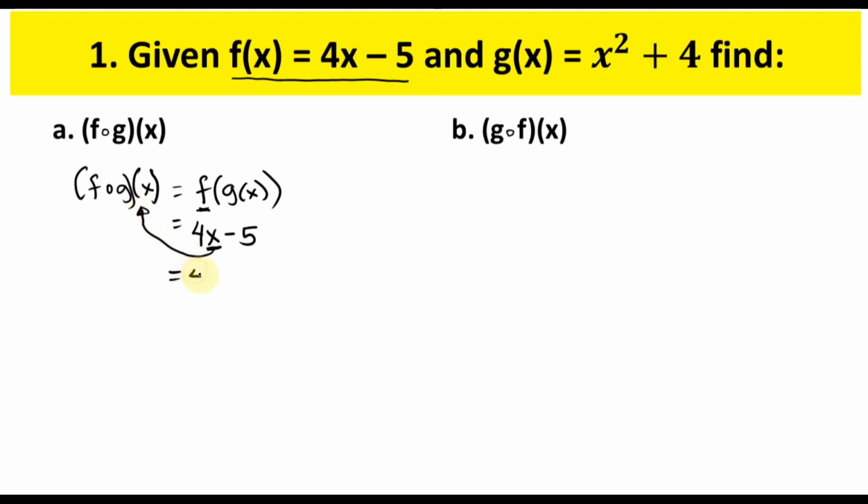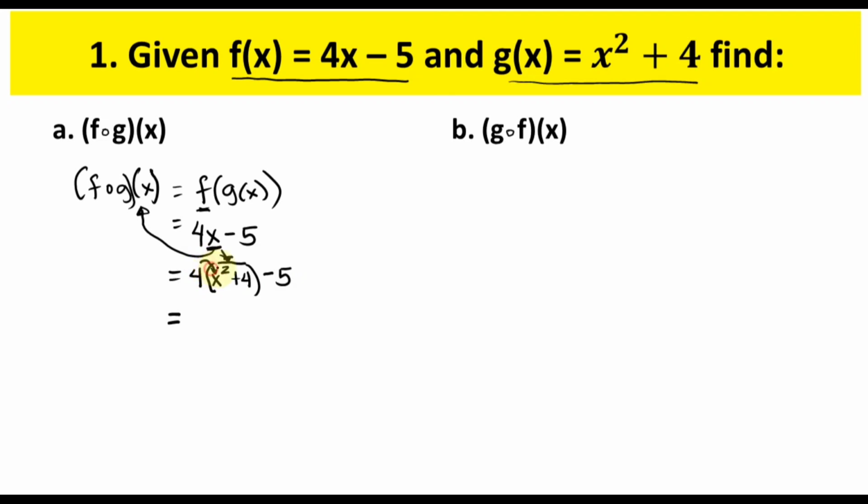So magiging 4 times anong value ng g of x? That is x squared plus 4. Then that is the value of g of x. Then subtract 5. Next, i-distribute natin.